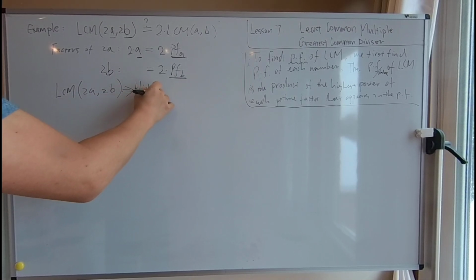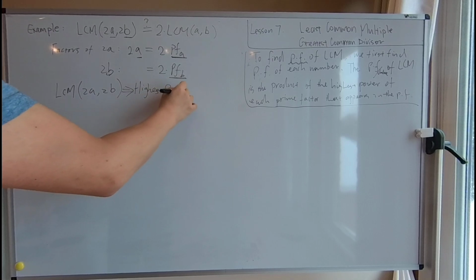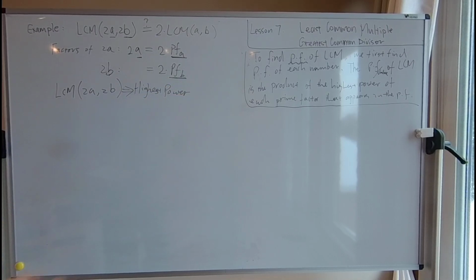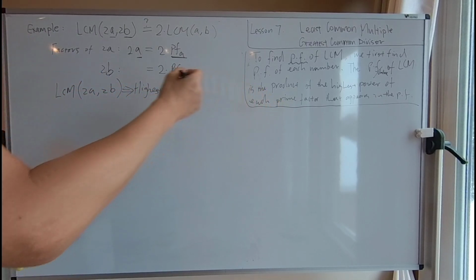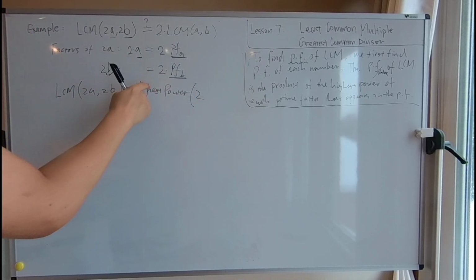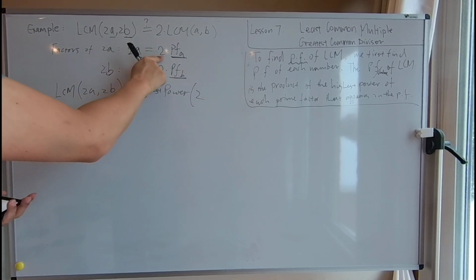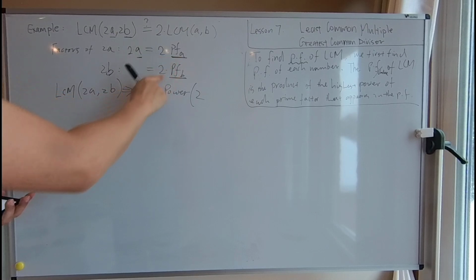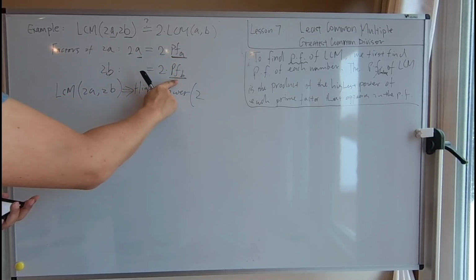That means we're looking for the highest power of each prime factor. So how many prime factors do I have? I have a prime factor of 2 and a bunch of other prime factors. Here I also have a prime factor of 2 and a bunch of other prime factors.